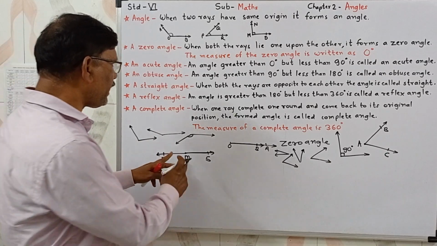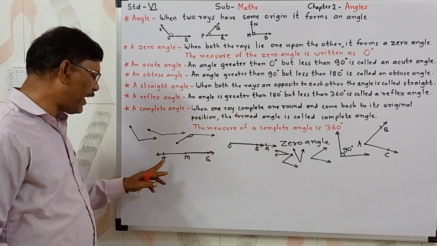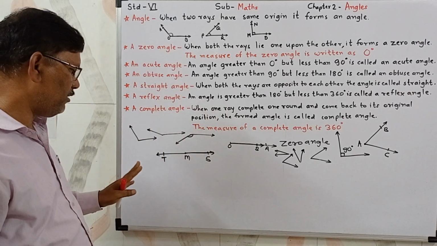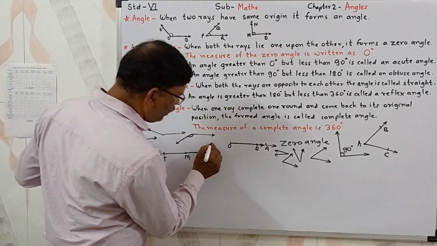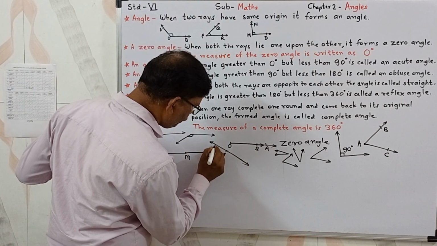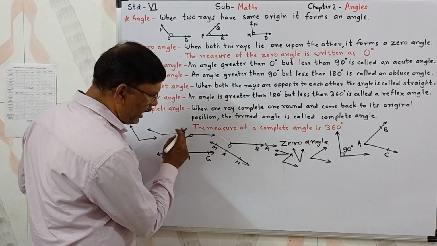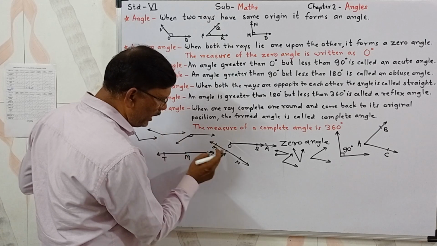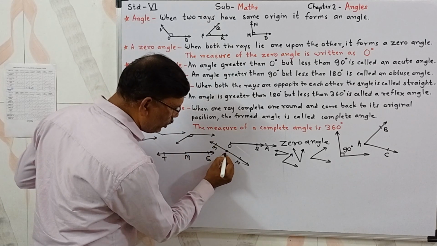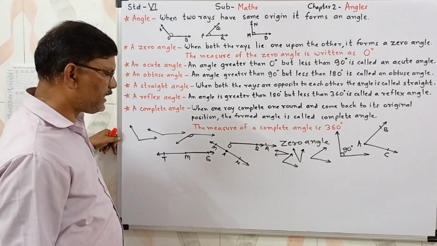When both the rays are opposite to each other, the angle is called a straight angle. We can draw this type. Ray AM and ray AN, A is the origin. So this is also a straight angle.